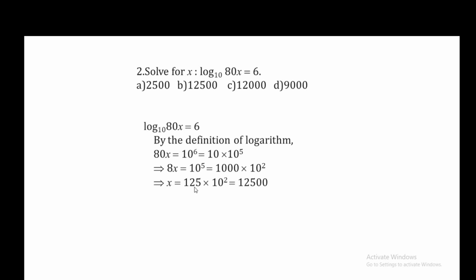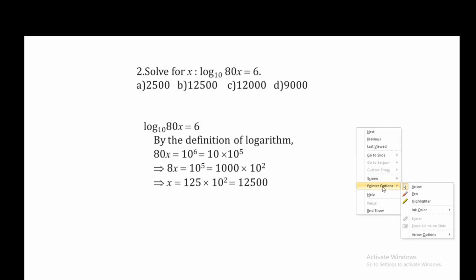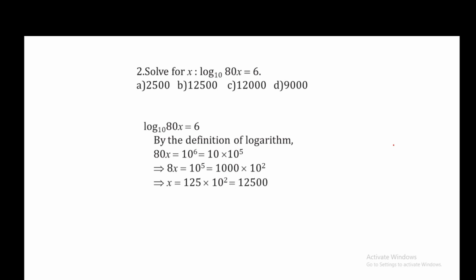Here, how are we getting this 125? This 8 is divided with this term. So 8x is equal to 10 power 5, and this 10 power 5 is split into 1000 into 10 square.